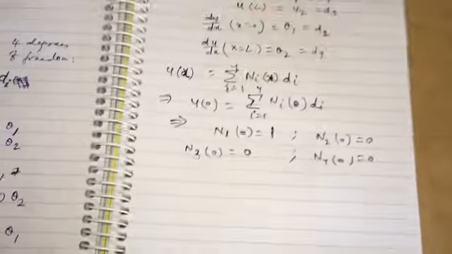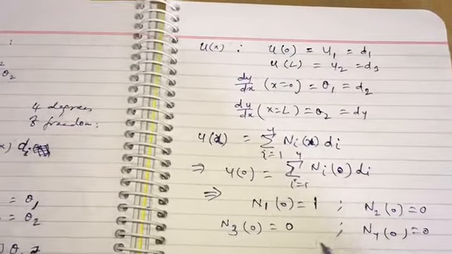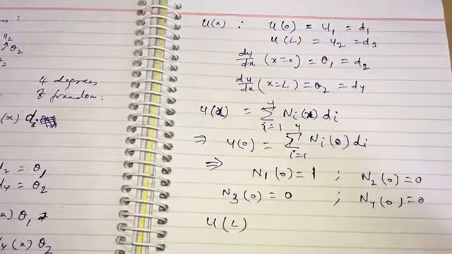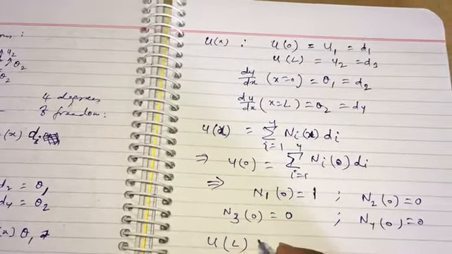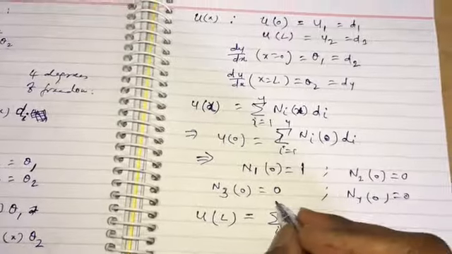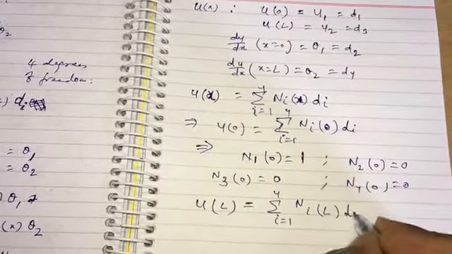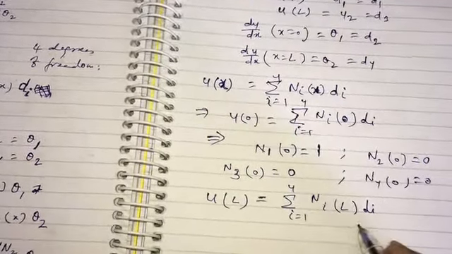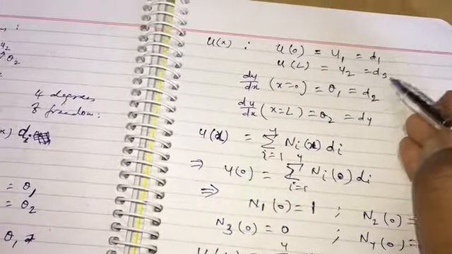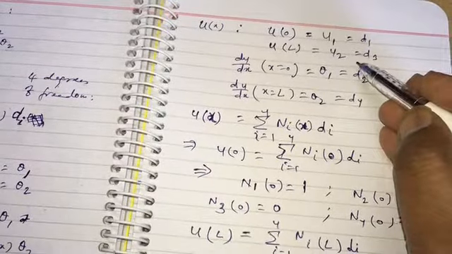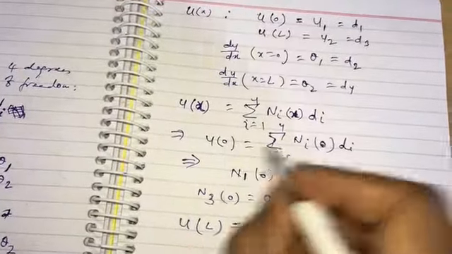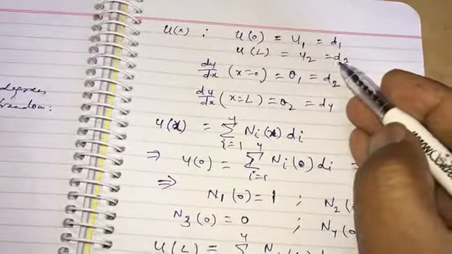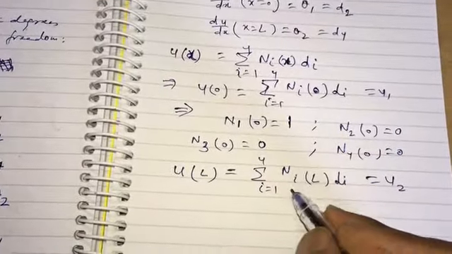And similarly for the other x, for example at uL, uL is equal to summation i equal to 1 to 4 of Ni(L) di, and we know that d3 is equal to u2, so that really means only N3 will be 1.